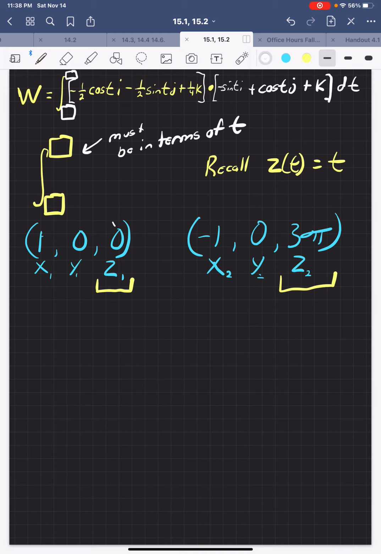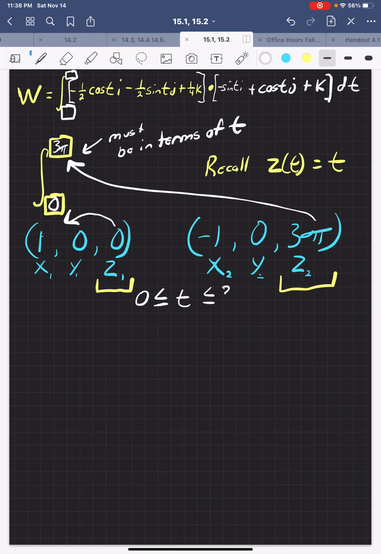So we're going to be going from 0 to 3 pi. All this tells us that t is bounded between 0 and 3 pi. That's what we need.